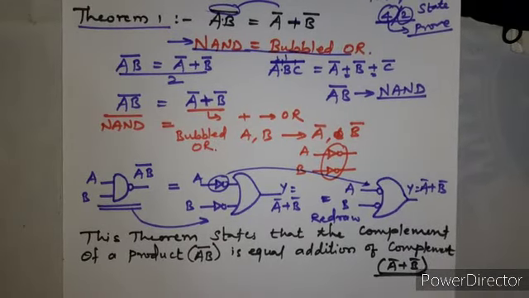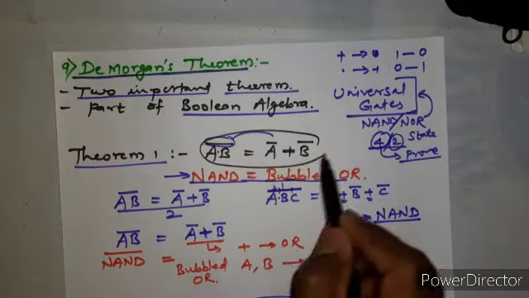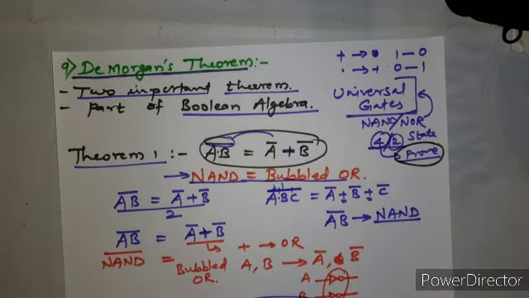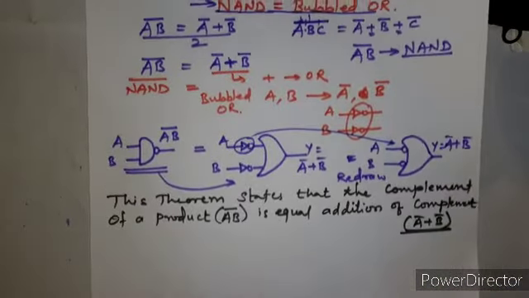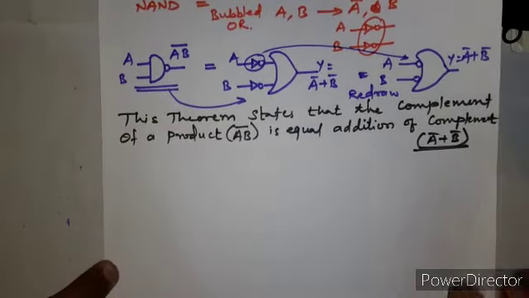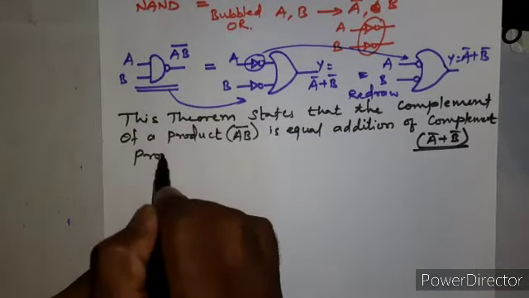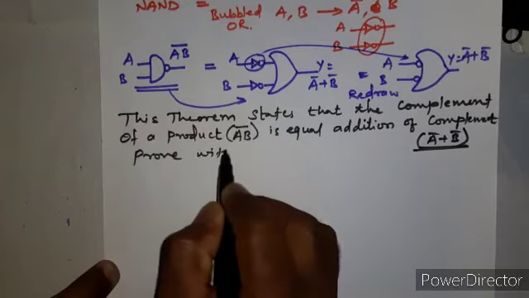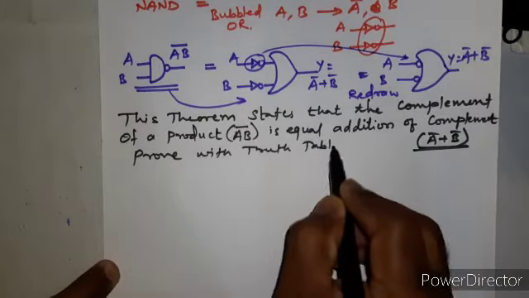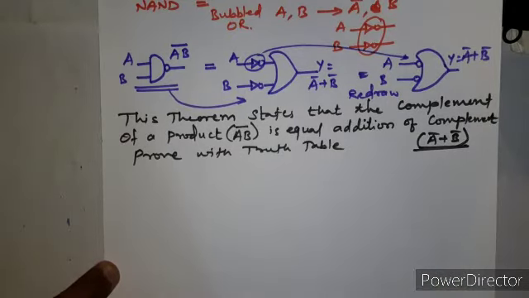Okay, now we have stated this and we have said that we need to prove this. So we need to prove this De Morgan's theorem with the help of a truth table.